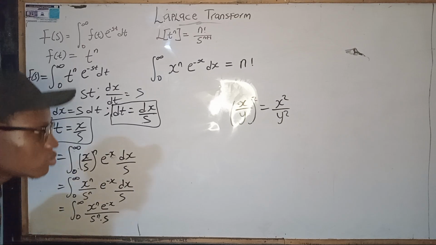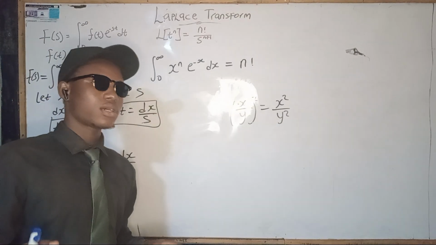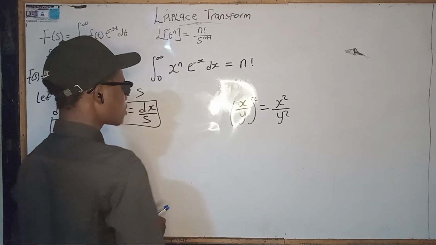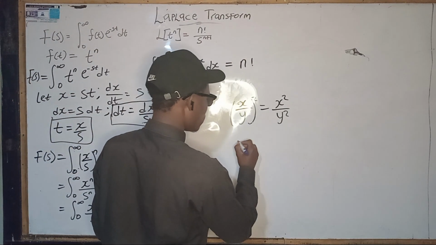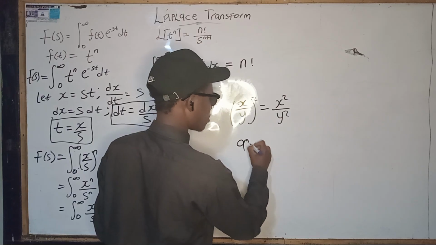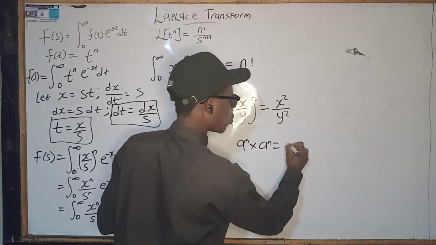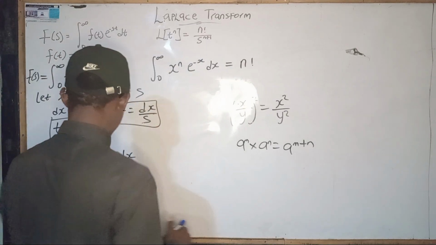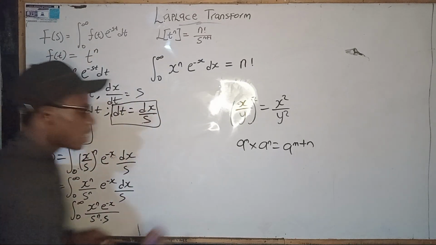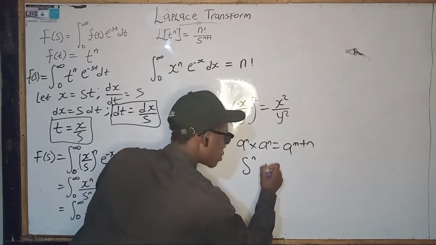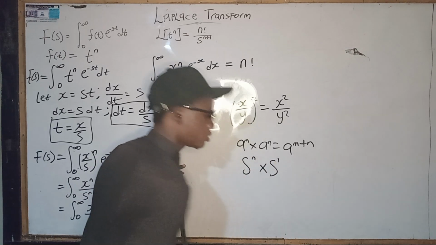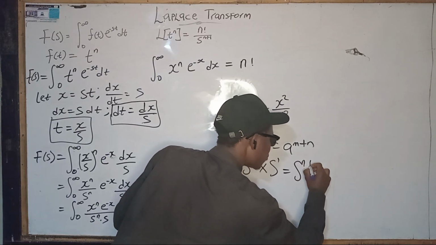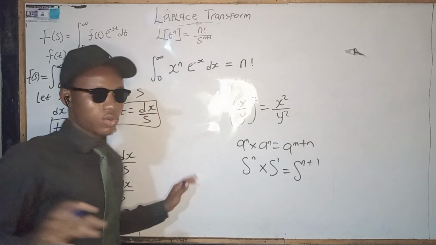And we know this basic law of indices that I mentioned in the former video, that states that a raised to the power m times a raised to the power n is equal to a raised to the power m plus n. In this particular scenario, we have s raised to the power n times s raised to the power 1. So if we multiply it, we are going to have s raised to the power n plus 1. Do we all understand?